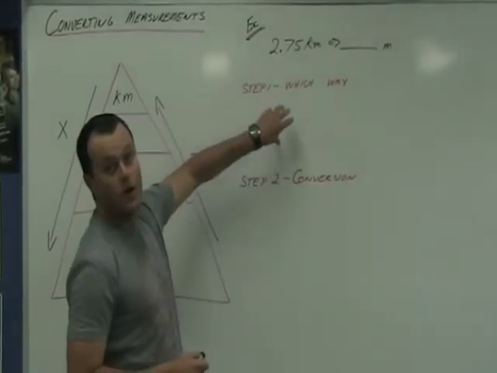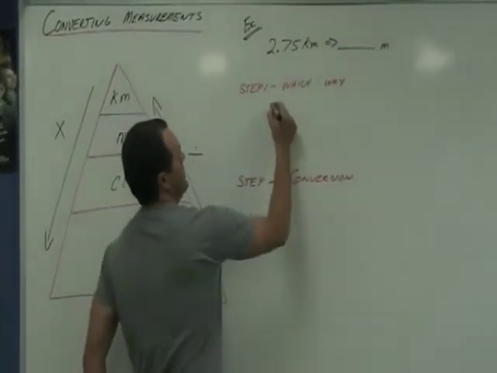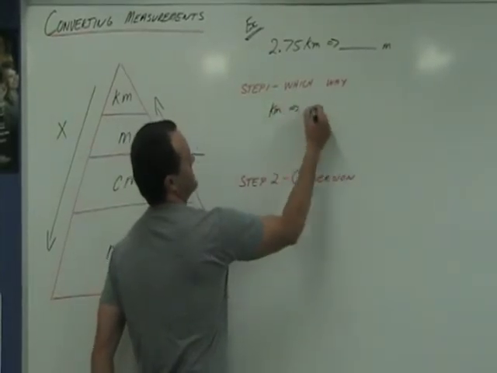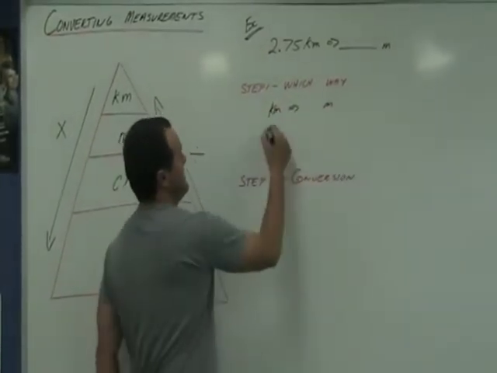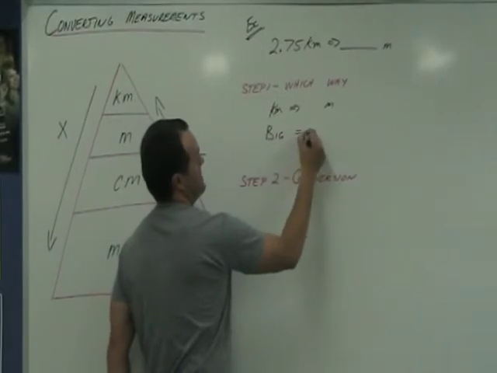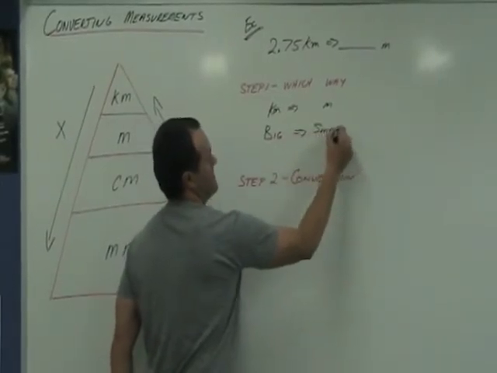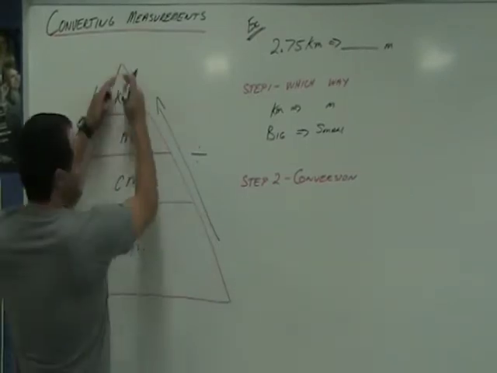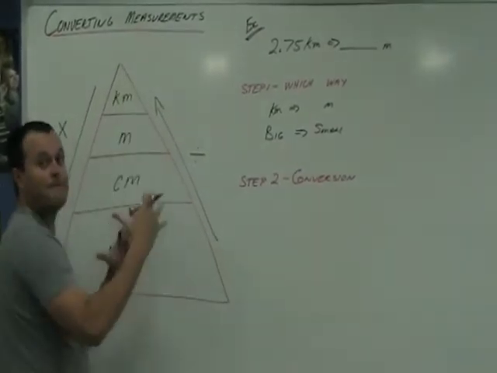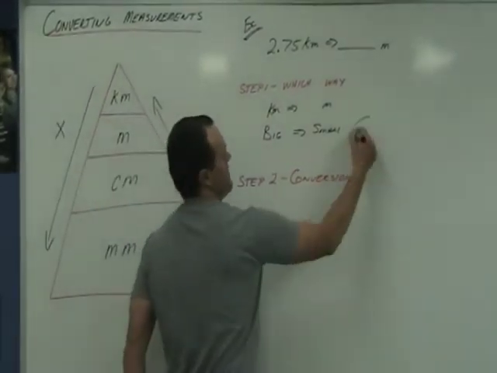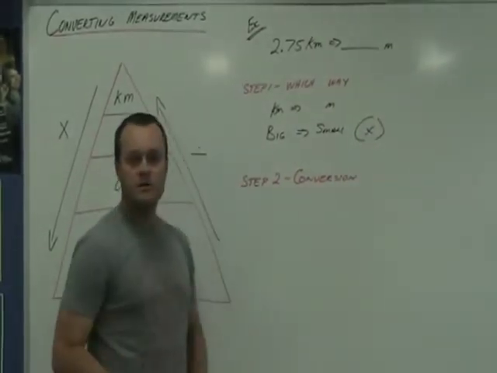Let's go through it. Which way are we going? We are going kilometres to metres, big to small. Coming down, making the number bigger. So therefore, we are multiplying.